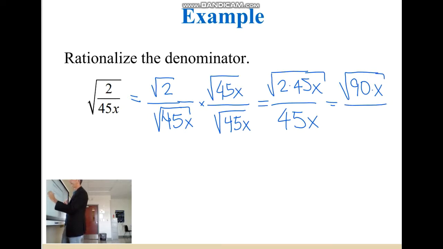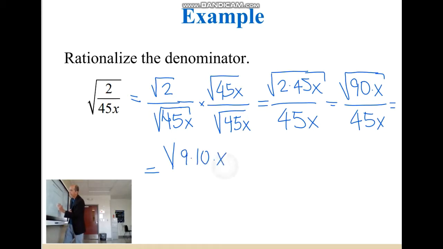over 45x. Can we simplify a little bit more? I think we can, because we can factor this 90. We can write this as 9 times 10, so 9 times 10 times x over 45x.